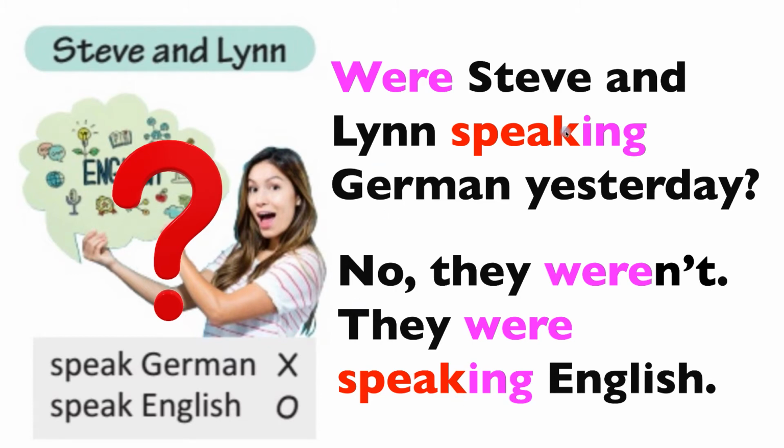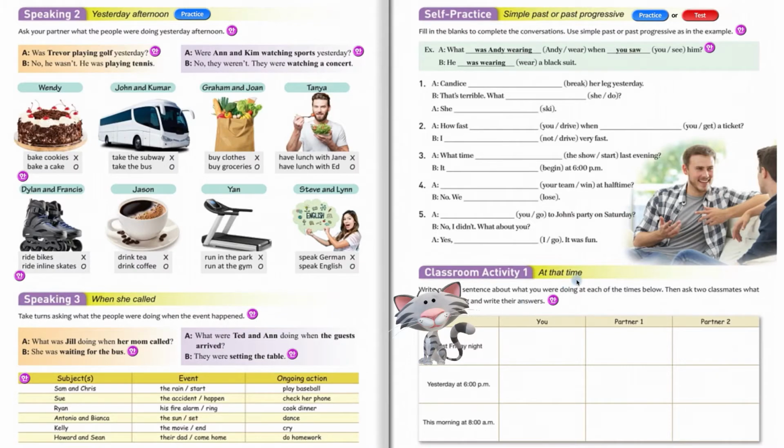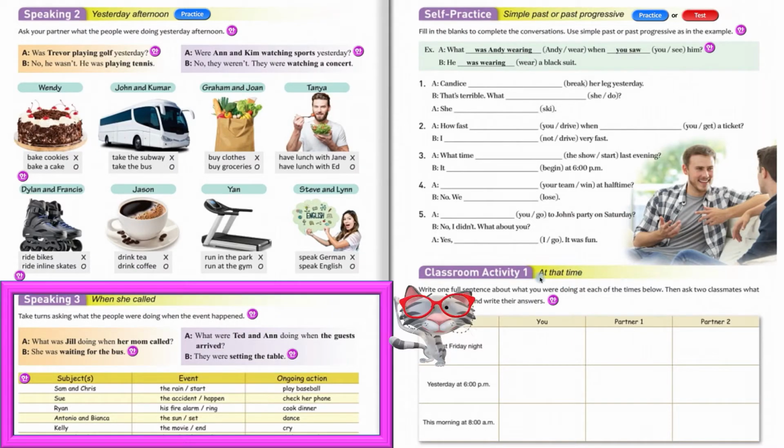Were Steve and Lynn speaking German yesterday? No, they weren't. What were they speaking? They were speaking English. So to the yes-no question, starting with the word was, you give the answer of yes or no. And then if you want to, you can give more information. Everything's about giving information.